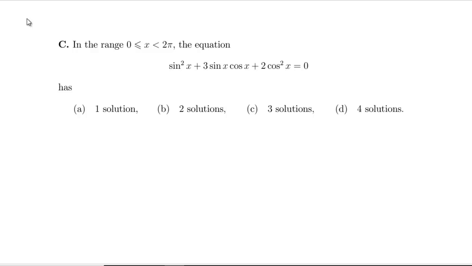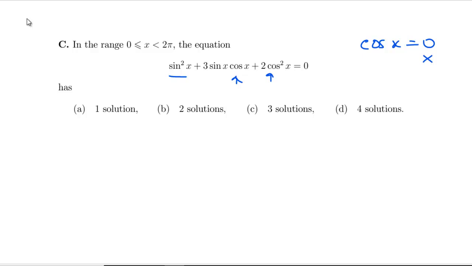If cos x was equal to 0, I just want to make sure we're not throwing away a solution. Let's just see if cos x equals 0 is a solution, because that would then be 0 plus 0, and that isn't going to be 0 for sine squared, because that would be 1. So we don't have to worry about throwing away a solution.